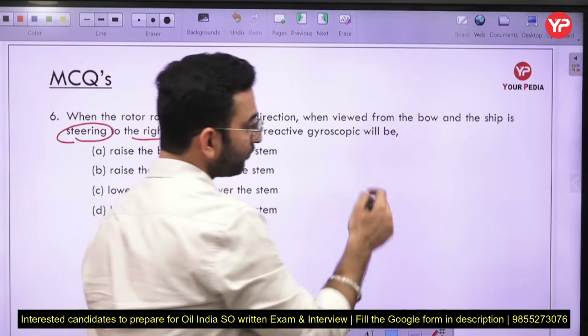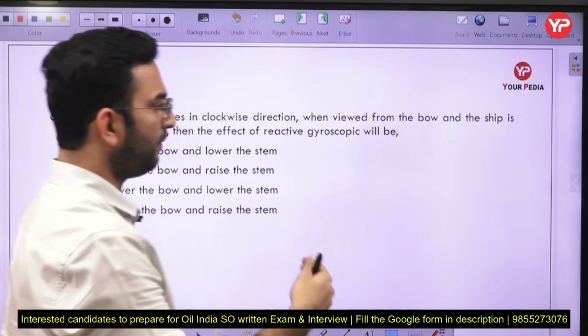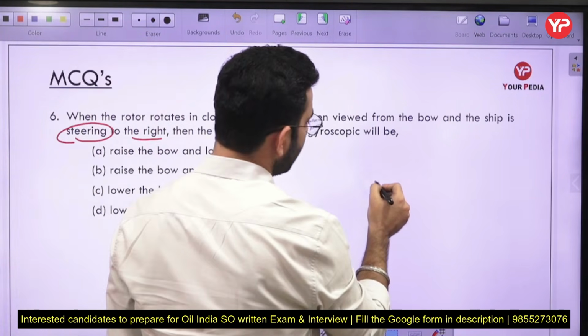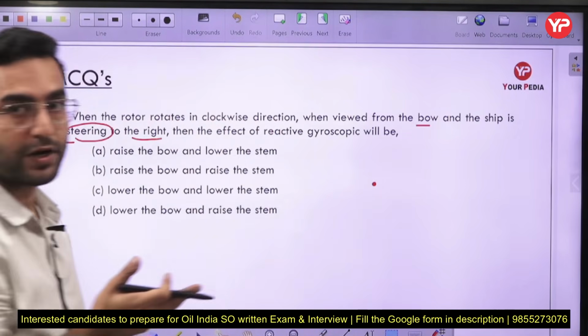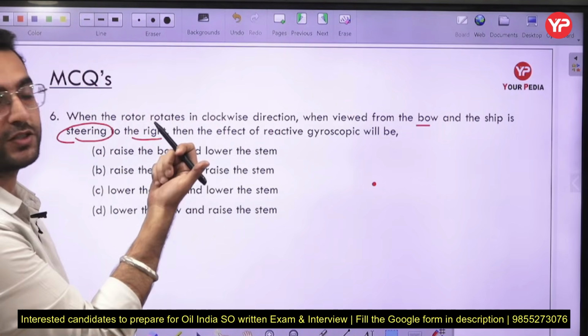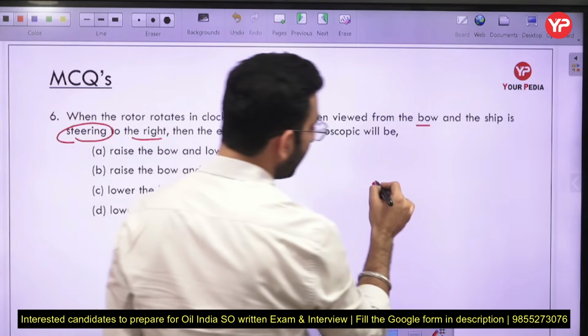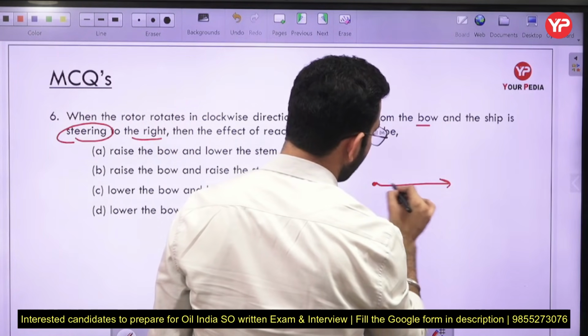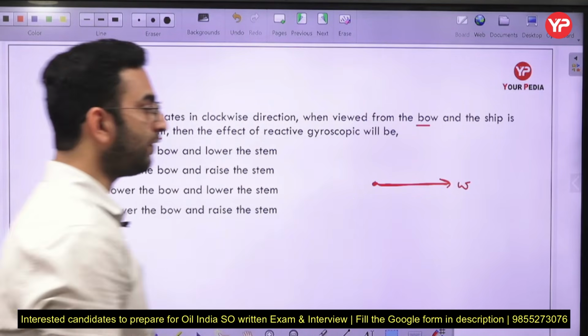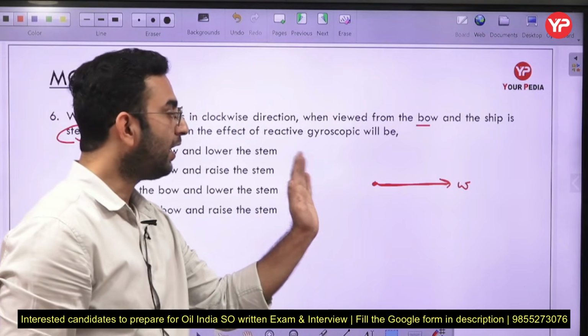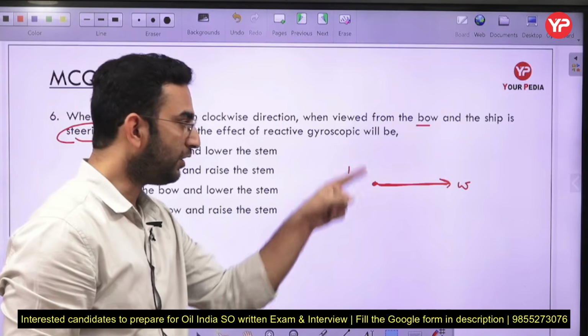Okay, so let us say it is representing the bow here. Now how is the rotor rotating? Rotor is rotating in the clockwise direction. So now you can see if the thumb is having the orientation like this one here, I can show the direction of the angular velocity in this way, if I am seeing it from the front, from the bow end, and it is rotating in the clockwise direction.